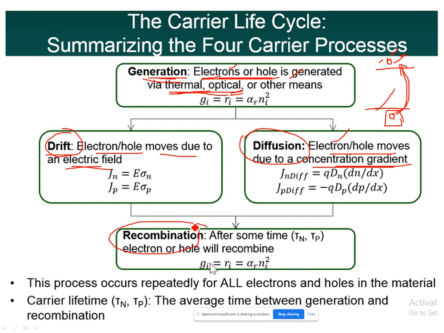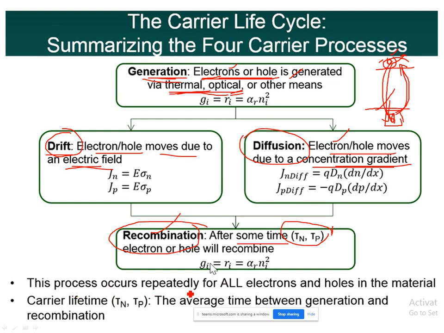And what is recombination? After some time, for example 5 seconds or 10 seconds, if the electron loses some energy and comes back to the valence band, then this electron is joining with the hole, or the hole is disappearing, right? This process is called recombination.